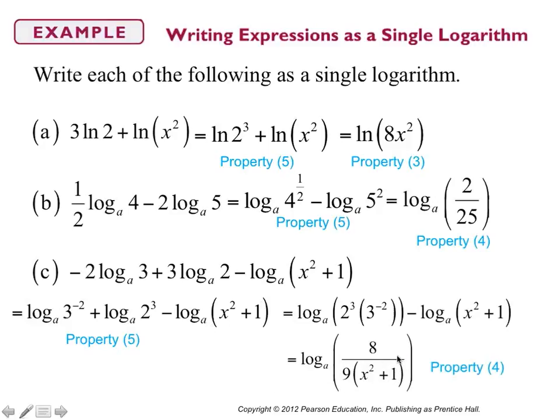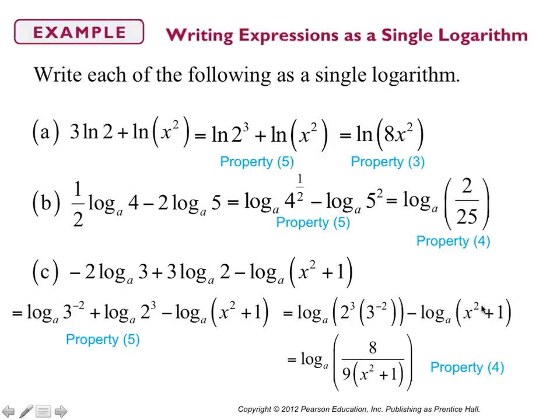Again, the subtraction you can write as division. So we change this so we have log base a, now 2 cubed times 3 to the negative second. We know that 2 cubed is going to be 8, so we're going to put that up here. We know that 3 to the negative second is 1/9, so instead of writing it as 8 times 1/9, which is not very nice, we can put our 1/9 in the denominator as long as we flip it over.